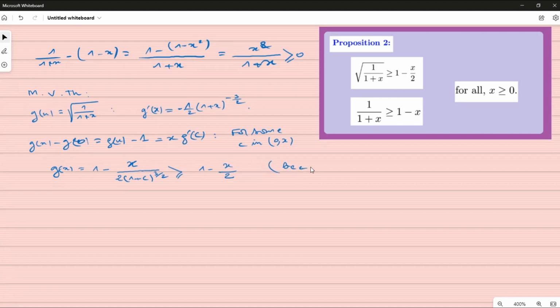And this is because we have 2 multiplied by this, which is greater than 2. And here we finish the proof of this proposition.